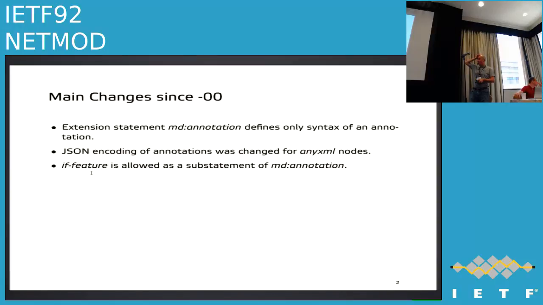And then there was a request to include a feature as a possible substatement of that annotation extension, and I think that's quite a good addition, and there is no reason why not to support this.